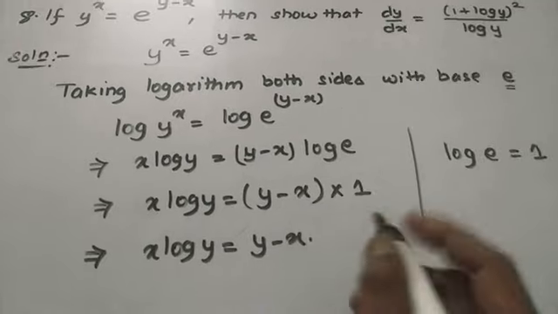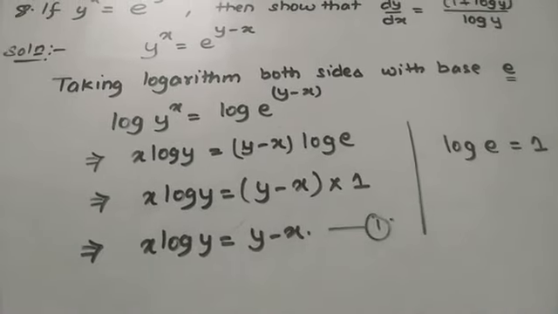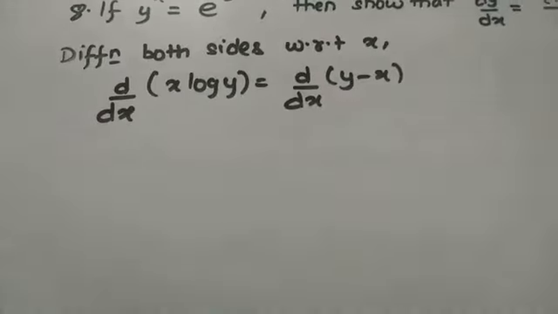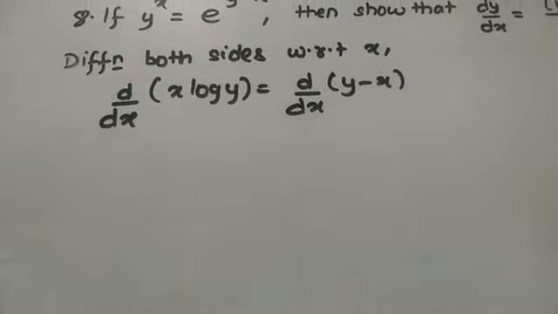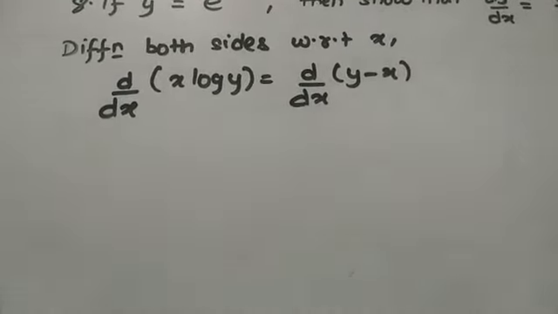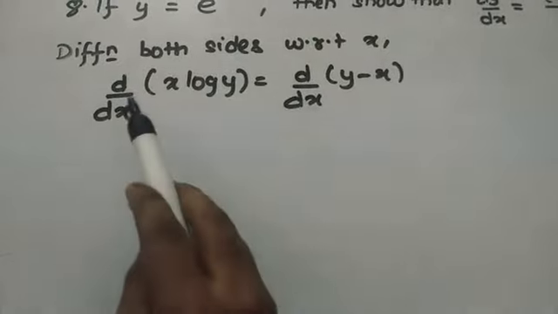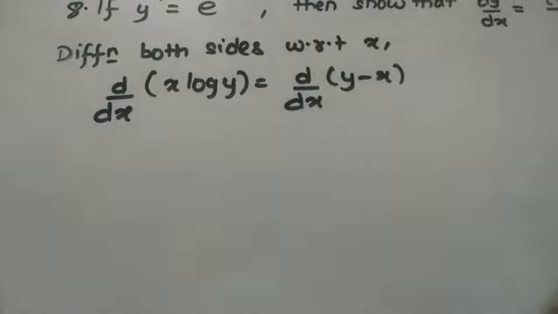Now we'll differentiate this equation number 1 with respect to x. So differentiating both sides with respect to x, d/dx of x log y equals d/dx of y minus x.